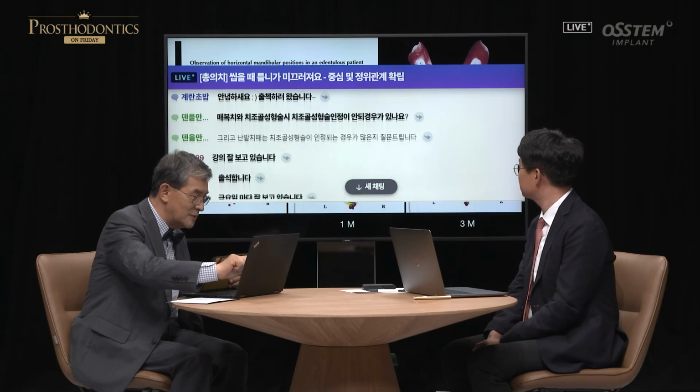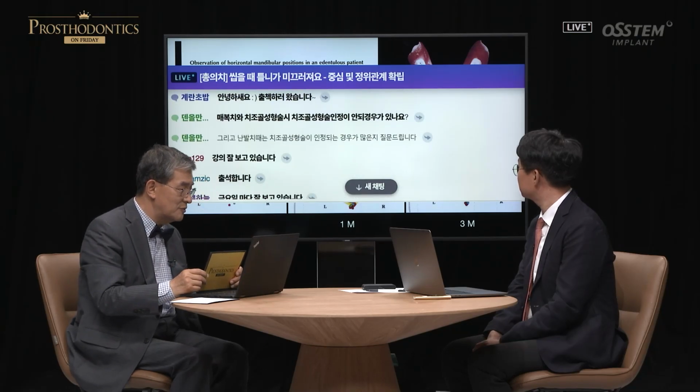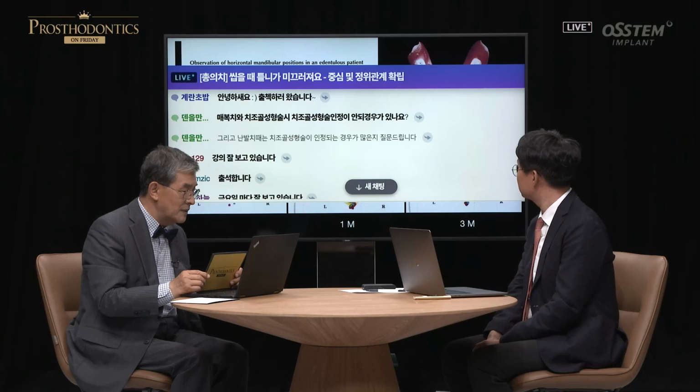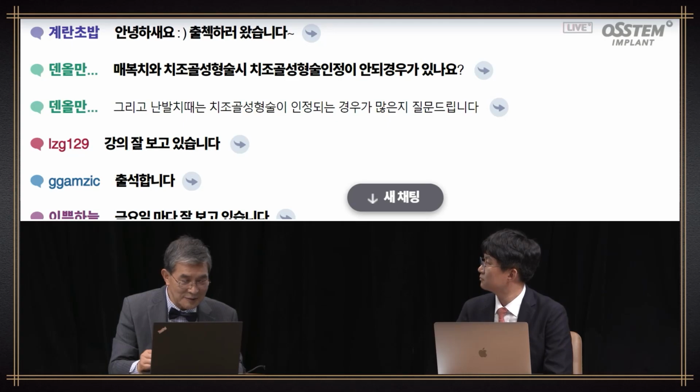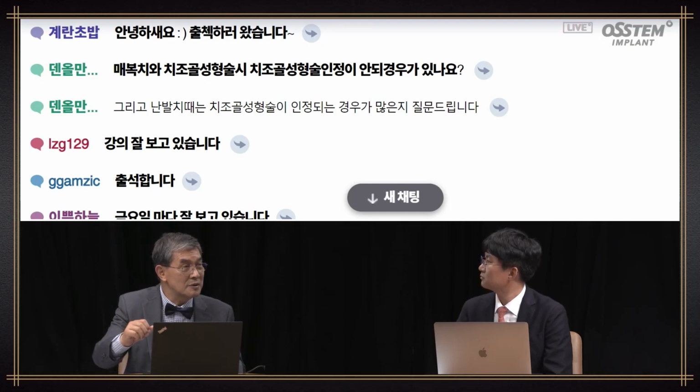And then Man asked the question, impacted tooth and alveoloplasty. Is there a case where alveoloplasty is not recognized? I don't understand the question. Another question from him. Can alveoloplasty be recognized more often for complicated extraction? This is not related to complete dentures.